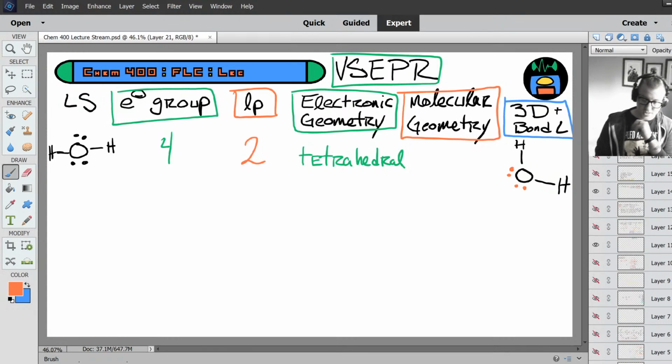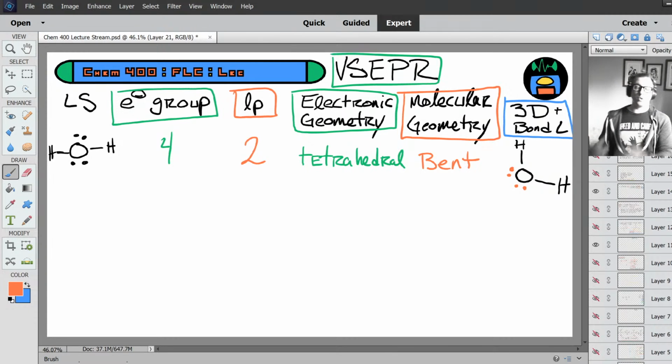Now when you look at this shape, it might look reminiscent of when we had a trigonal planar geometry with 1 lone pair, because this kind of looks like a bent line again, and the molecular geometry here is indeed bent.